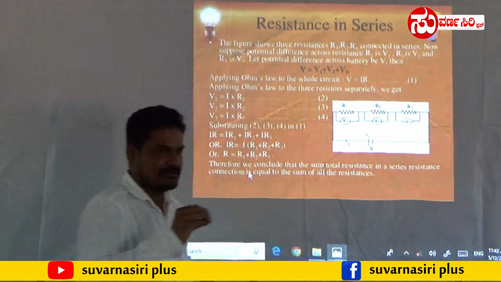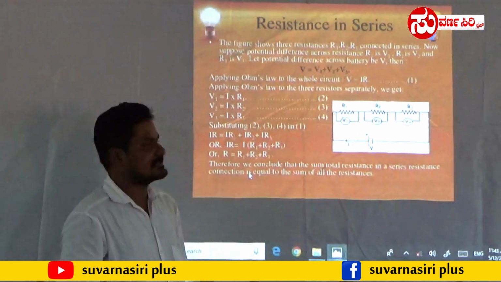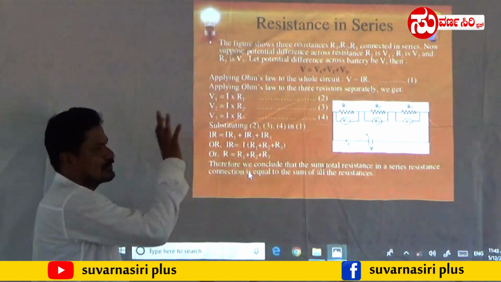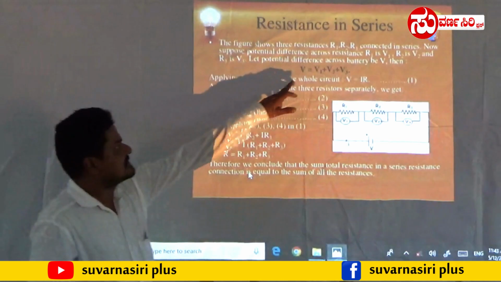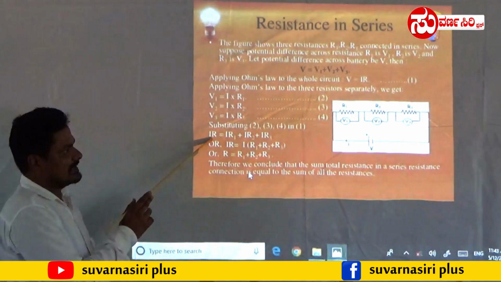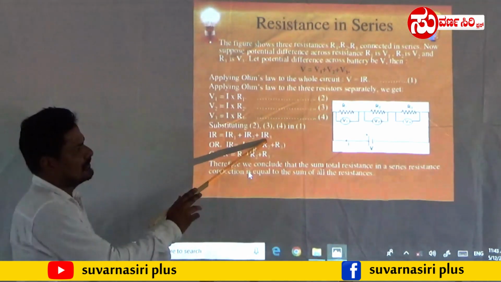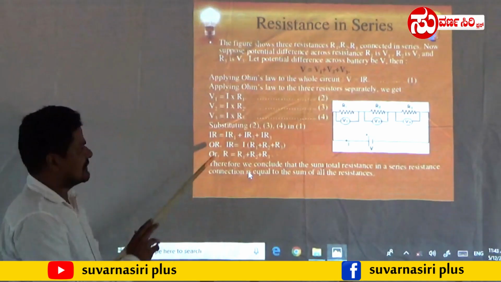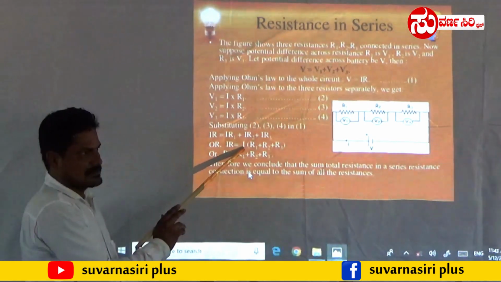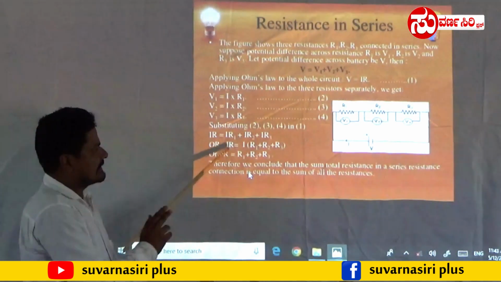If we give 5 ampere of current, the same current will move through all three resistors. According to the total, V is equal to V1 plus V2 plus V3, so IR is equal to IR1 plus IR2 plus IR3. Taking I common, IR is equal to I into R1 plus R2 plus R3, and I gets cancelled.